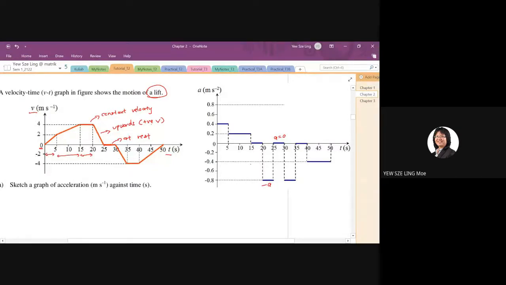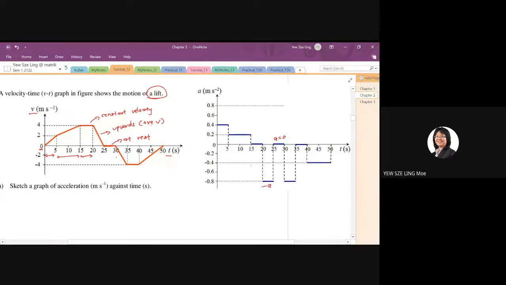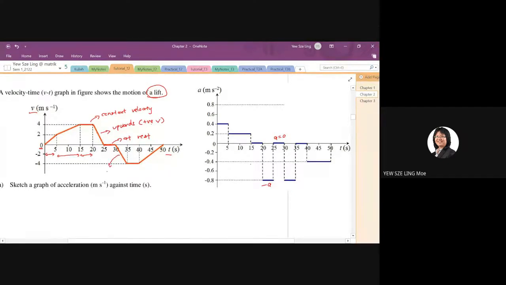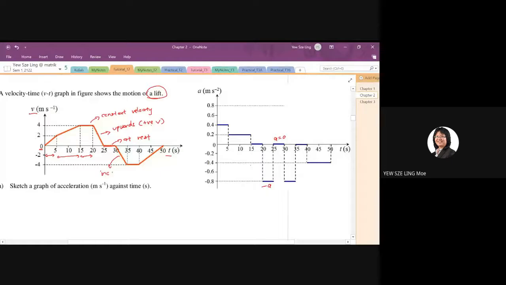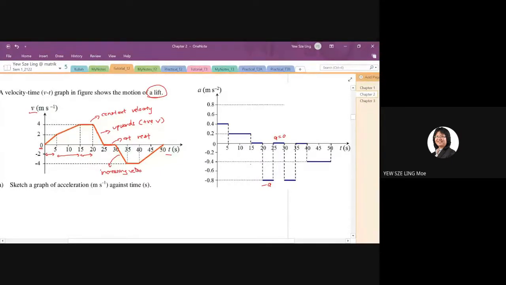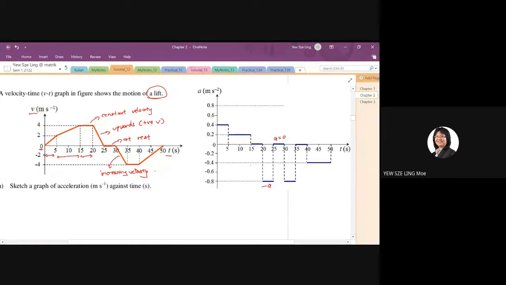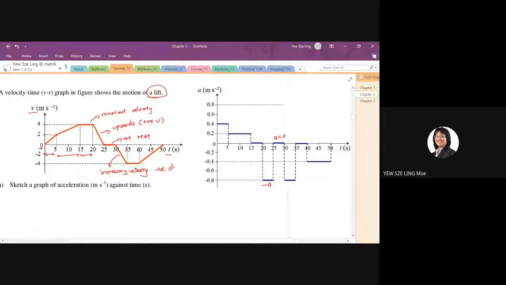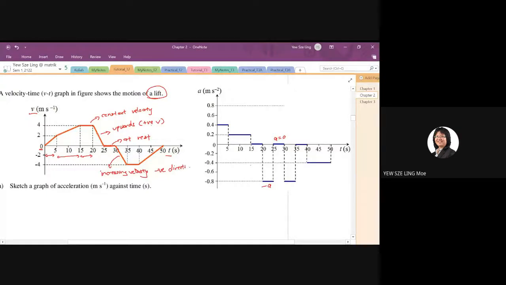And then what happened next? Now, your object is moving with increasing velocity. Just that now your object is heading towards the negative direction. So how do I know?